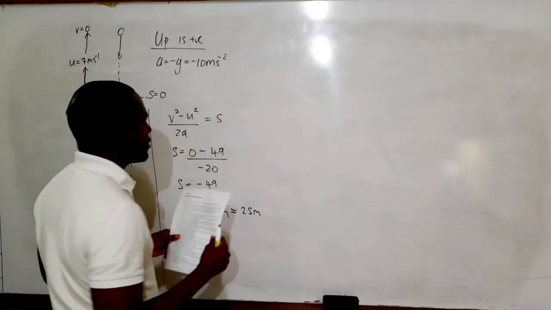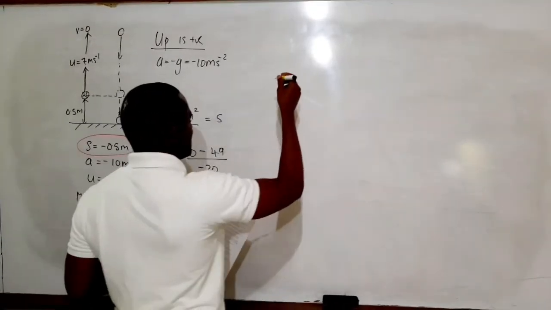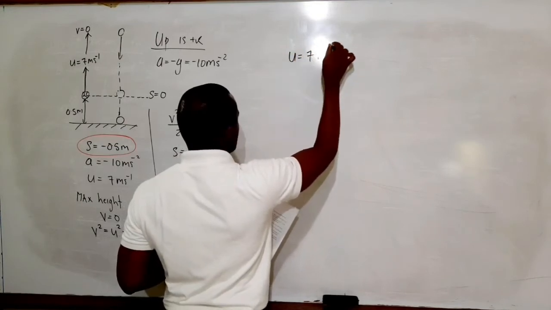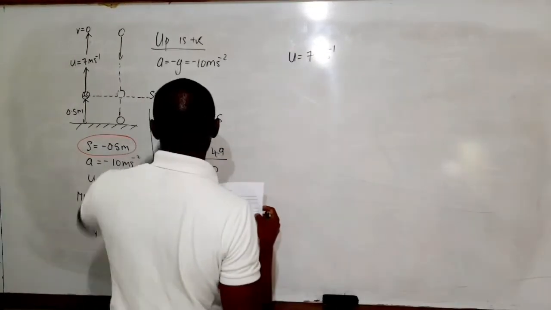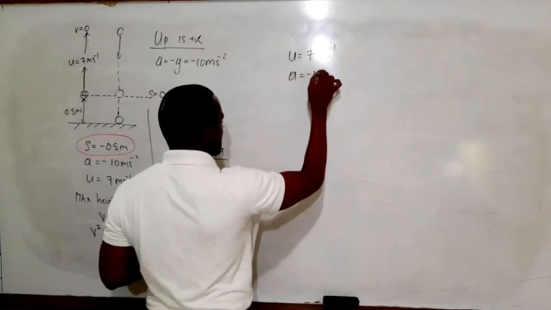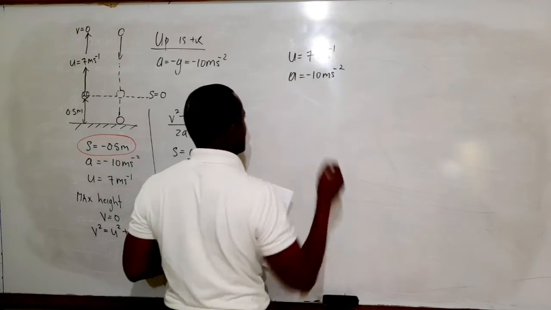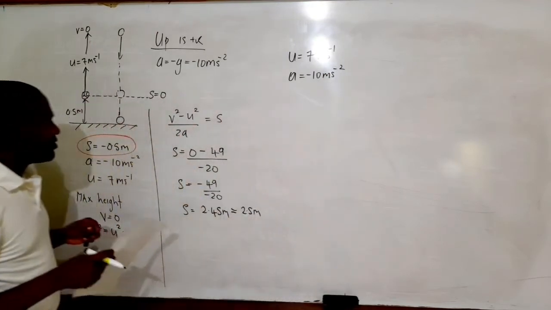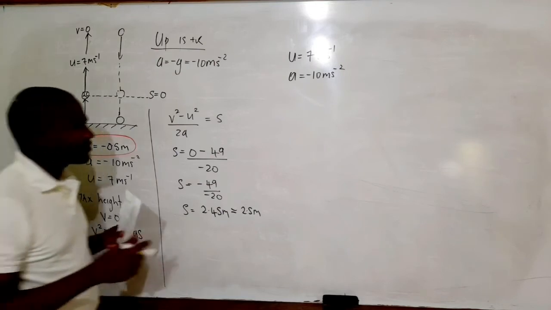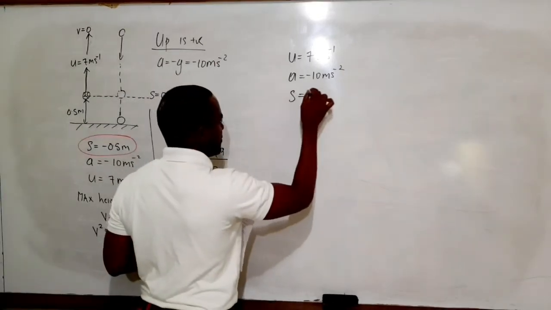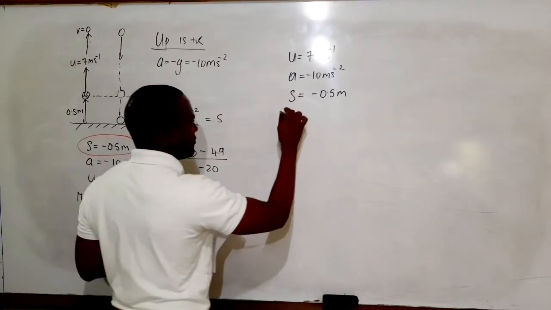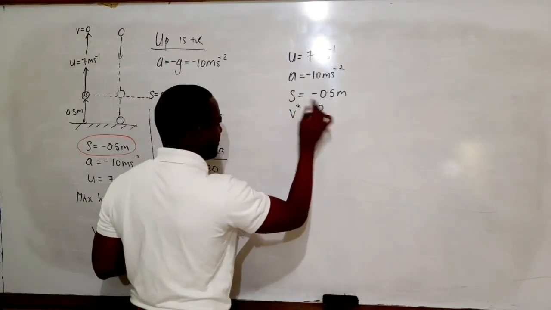So for this part of the question, the initial velocity still applies. So u is equal to 7 meters per second, right? The acceleration a is still equal to minus 10, right? This time the other piece of information that we have is the net vertical displacement s, which is equal to minus 0.5 meters, and we want to find the final velocity v.